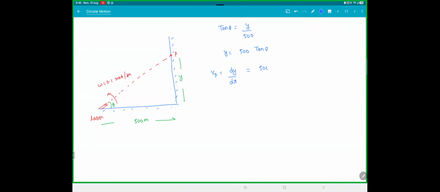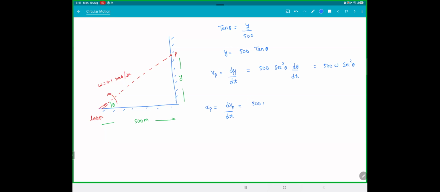That is 500 times the derivative of tan theta, which is sec squared theta d theta by dt. And d theta by dt is nothing but omega. That's 500 omega sec squared theta. You know the value of omega and theta, so substitute. You want acceleration, differentiate this again, dvP by dt.